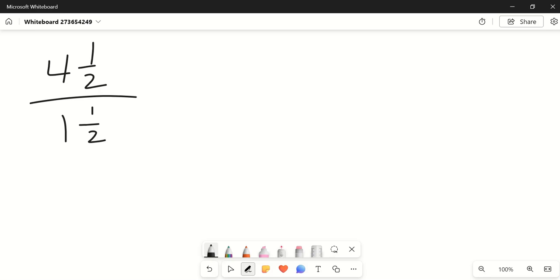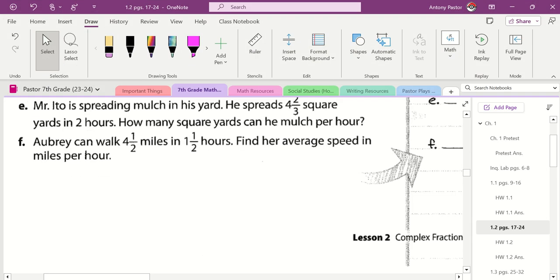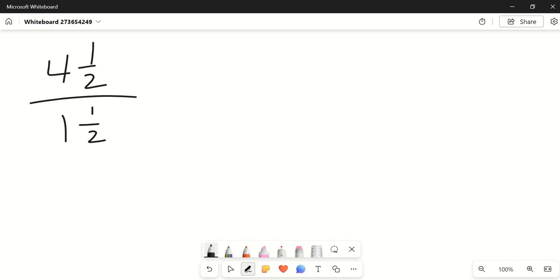Now, at first glance, we probably can't figure this out, right? We'd have to divide both of these by 1 and 1/2, which is fine because that's what we're going to do when we simplify it anyway. So what this again means is 4 and 1/2 divided by 1 and 1/2. That extra dot showed up for no reason.